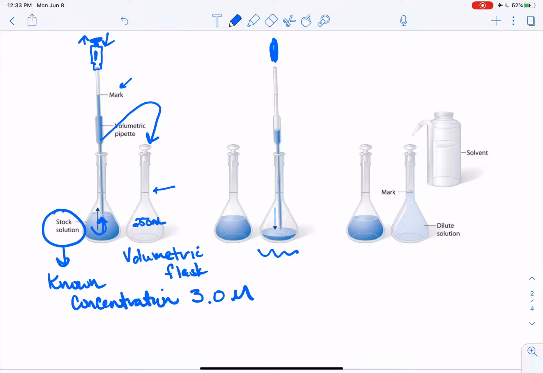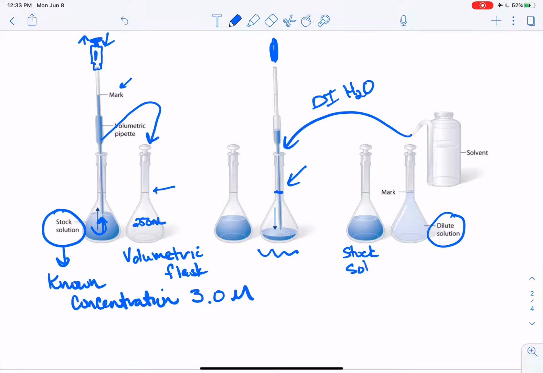And then what we do into this flask right here is we put DI water and we fill it up to the mark right there, and then that should give us the dilute solution. So this is the original stock solution right here.